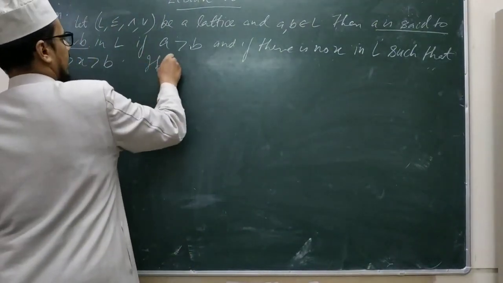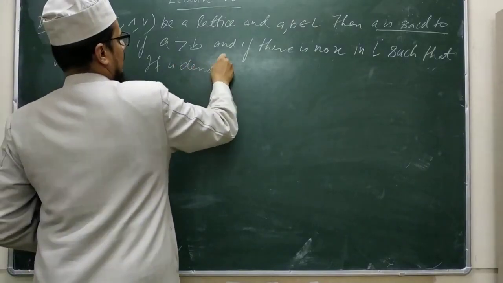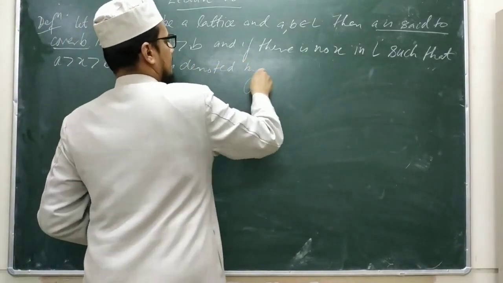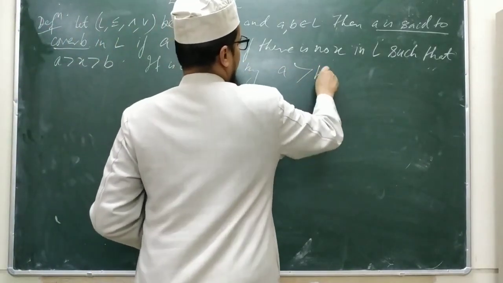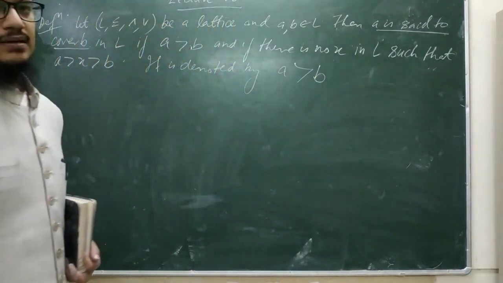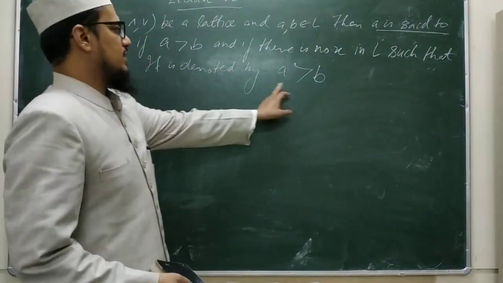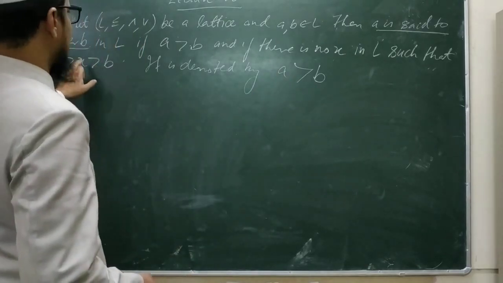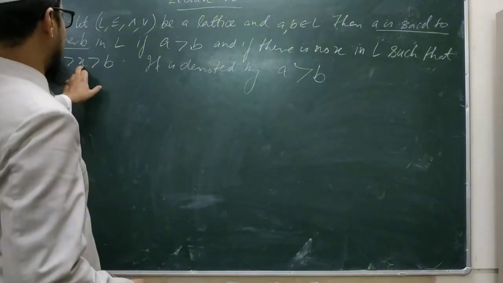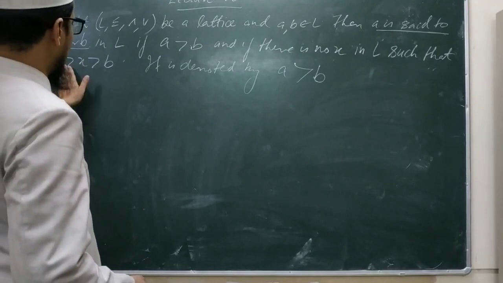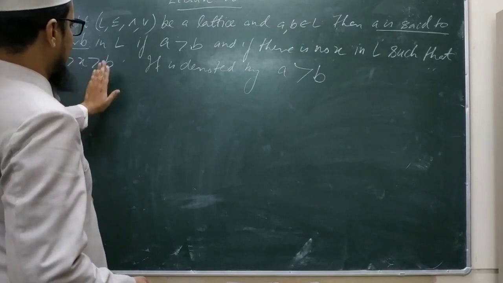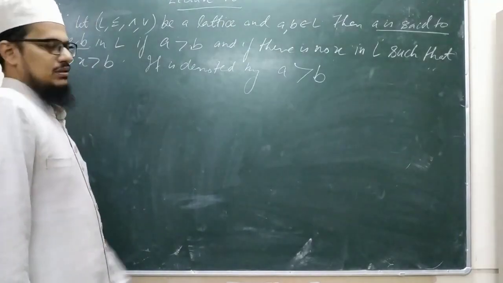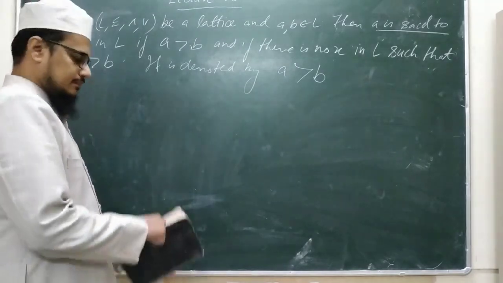It is denoted by a covers b like this. We write like this, correct? We say that a covers b if there exists no x in between, that is, there does not exist any x such that a is strictly greater than x and x is strictly greater than b, correct? Then we say that a covers b.